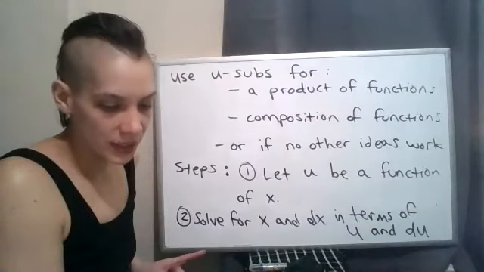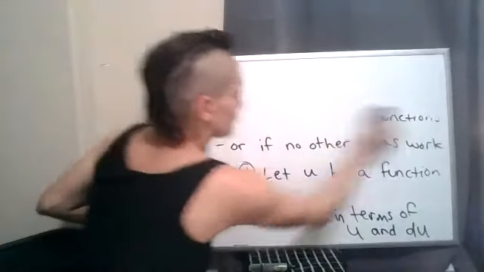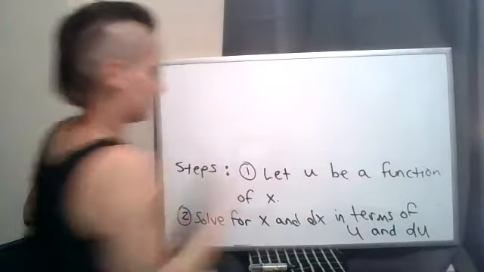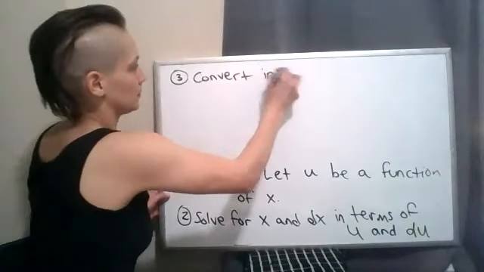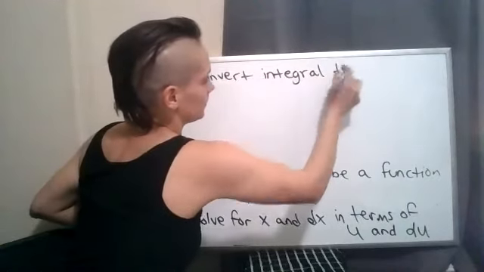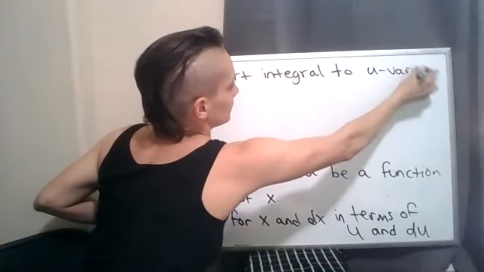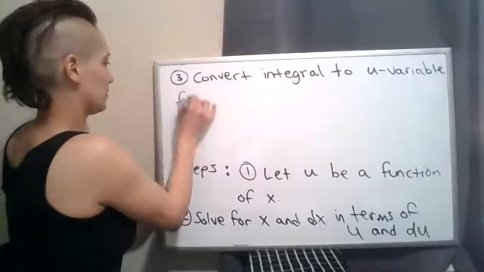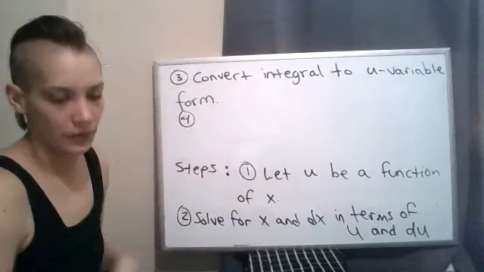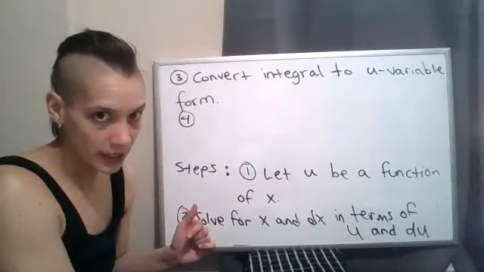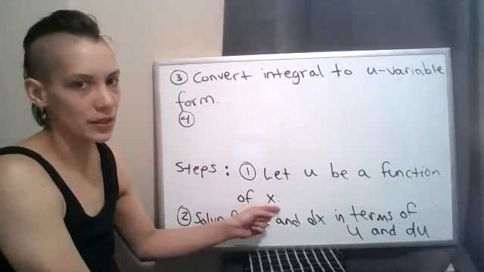Number 3, convert the integral to u variable form. After integrating, rewrite the antiderivative as a function of x, or whatever variable that you started with.